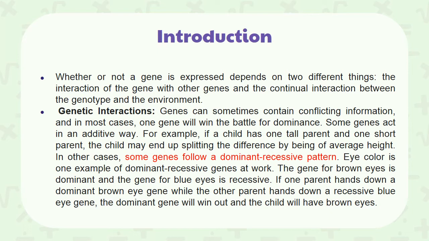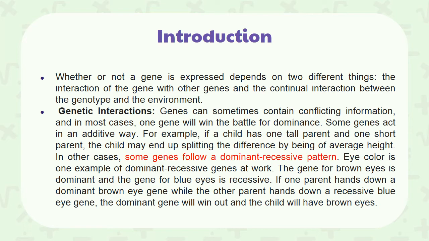The display of the characteristics of the genes will depend on the environmental factors that have helped in the manifestation of the properties or qualities of the characteristics of the genes.